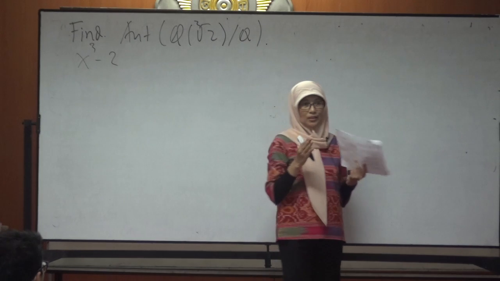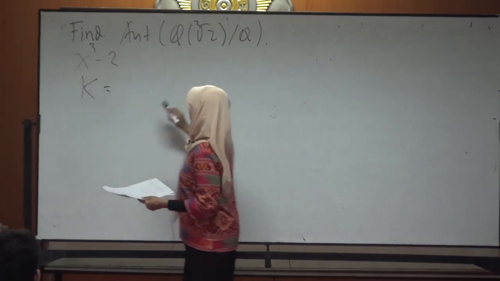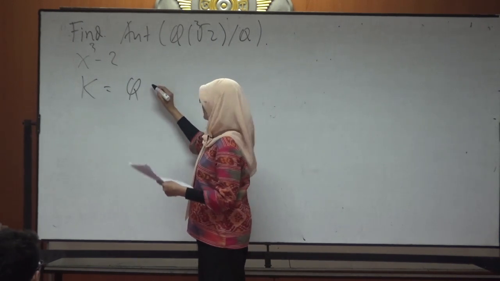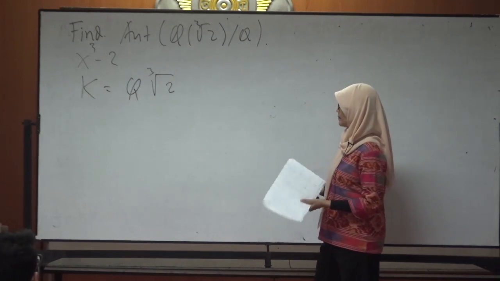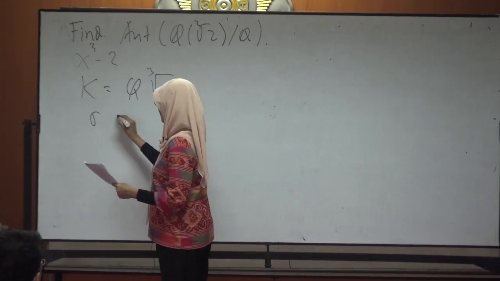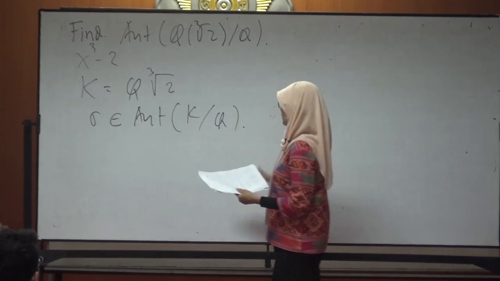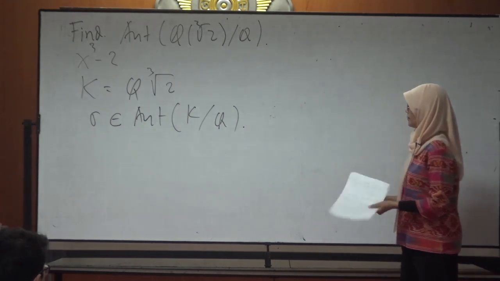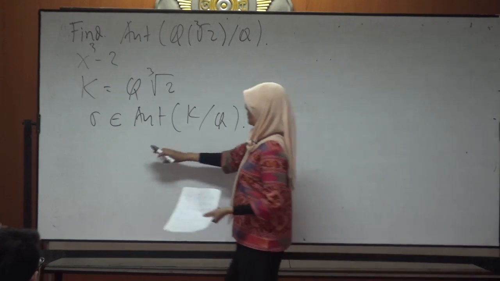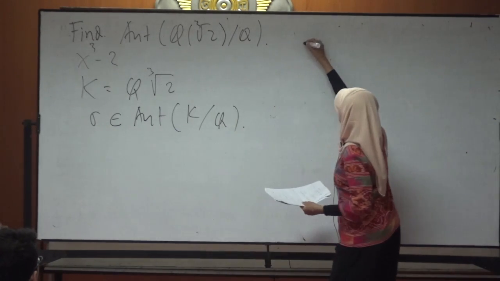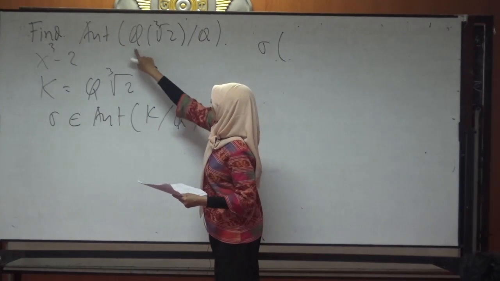We only consider the real root here. Let's name this field K, and take any sigma in this Aut K over Q. We will see what happened with this sigma if we apply it to the element in this field.